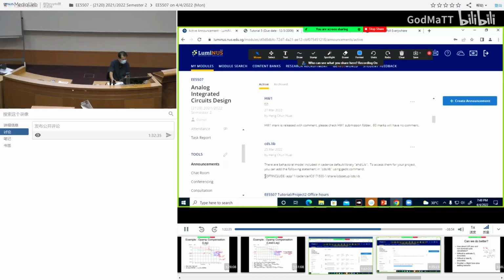You just have to edit the cds.lib and include this statement, maybe under the last line of cds.lib. It will include one important library called AHDL-lib. Why is that library important? Because it gives you logic gates. You don't have to design your own logic gate; you can use AND gate, OR gate right away.